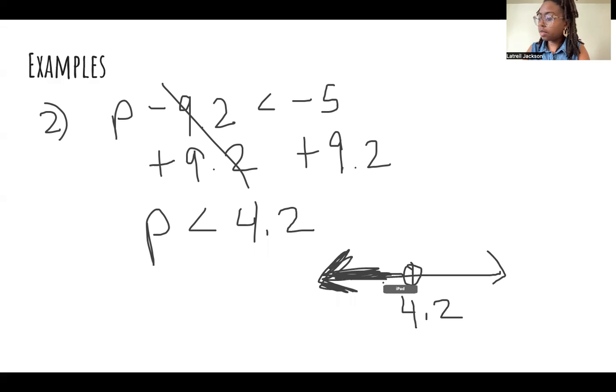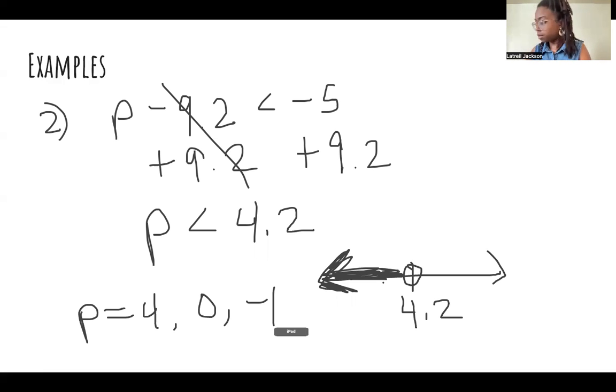All of those solutions that are less than 4.2 go in the left direction. And some of those solutions could be 4, could be 0, -1, okay? Let's try another one.